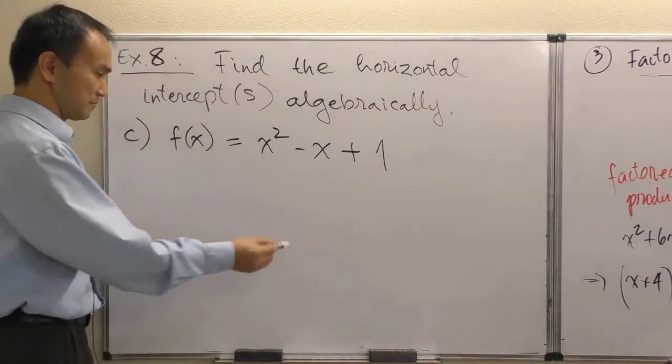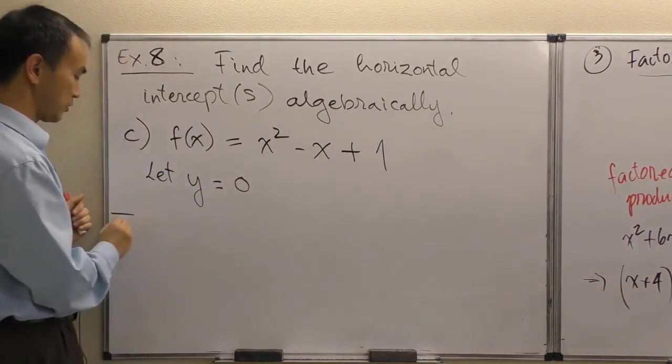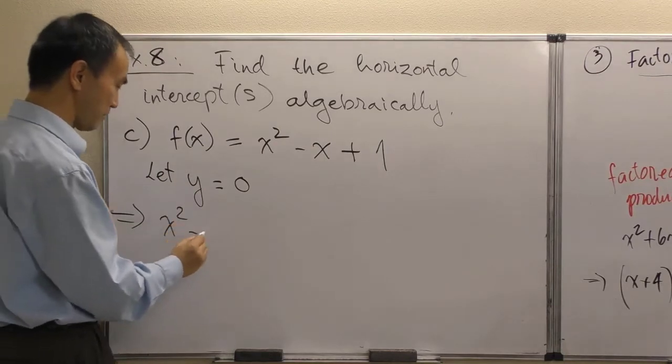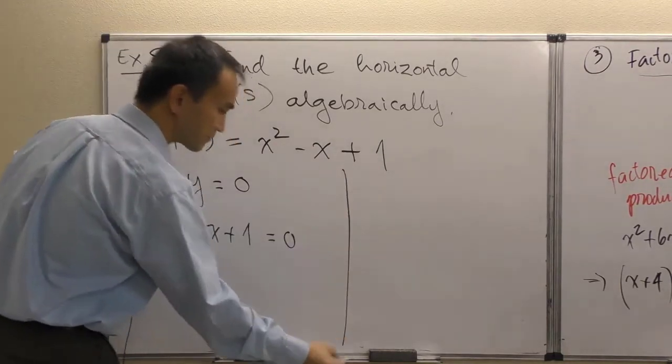Now we want to let y equals 0, and that produces the equation x squared minus x plus 1 equals 0.